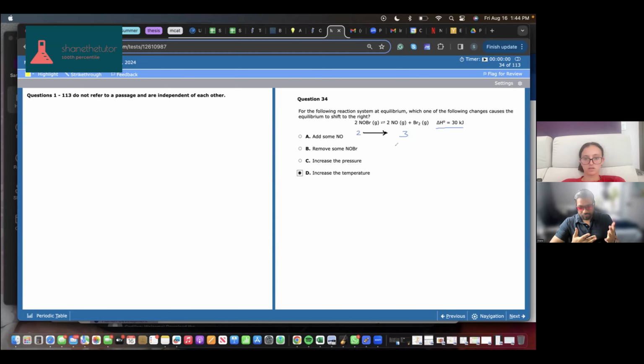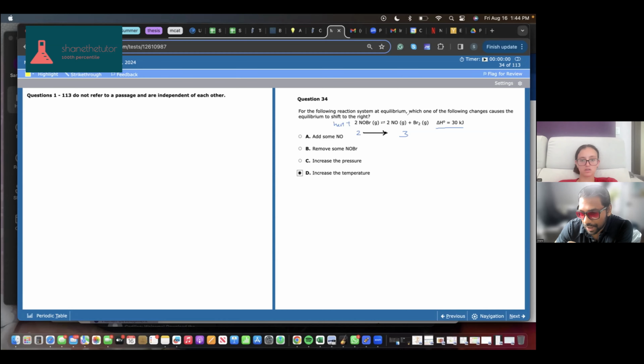Because if it's endothermic, the heat is added, which means it's a reactant. So then the product heat has to be brought up. That would cause it to shift right. But if it was negative, it would be exothermic, which means heat will be at the product.